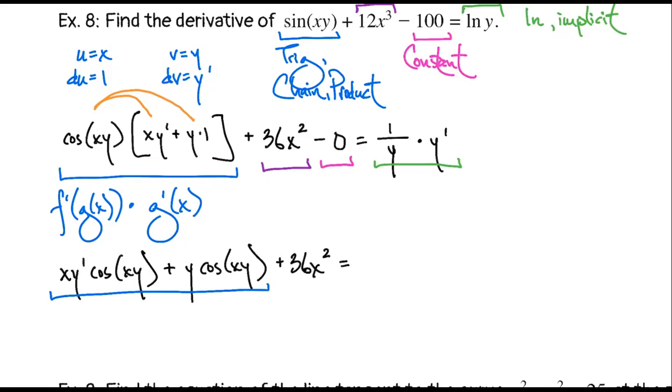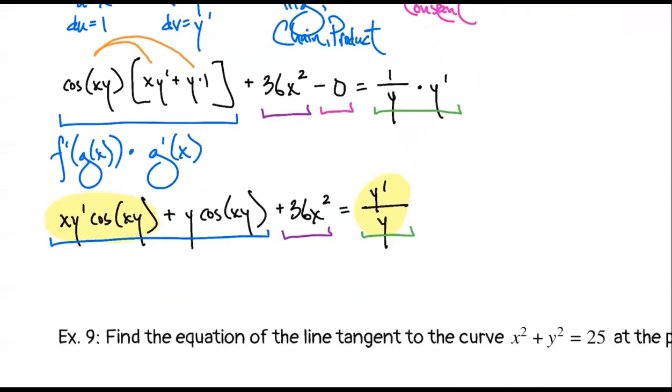I'm going to stack this right-hand side to be y prime over y. And now I think we can identify here's a y prime and here's a y prime. So we want to cluster those together on one side and we want to have everything else on the other side. Okay. What term would you like to move? Because I think we have some choice here.